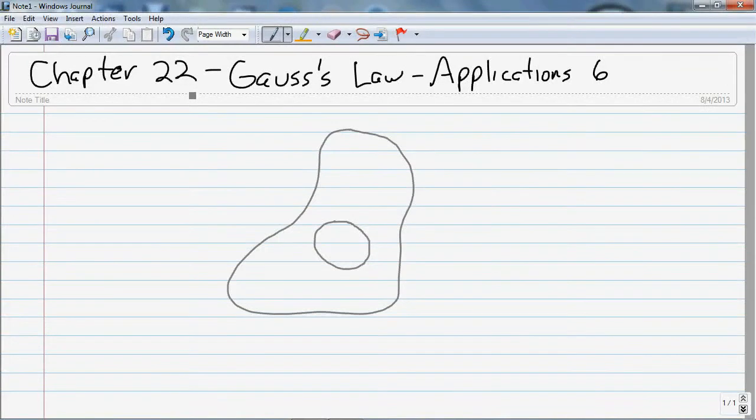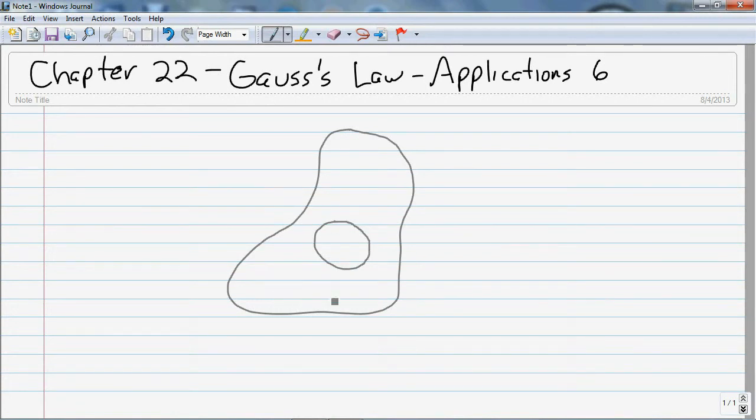For our last topic regarding Gauss's law and Gaussian shells, I want to experiment with this idea of enclosed charge. So let's say we have some conducting shape, and inside this conducting shape we have a cavity.